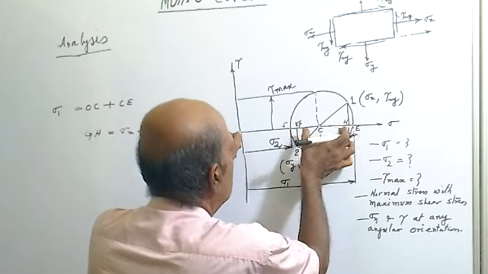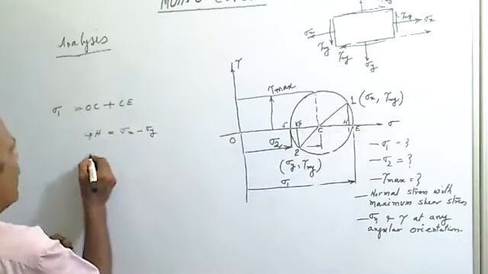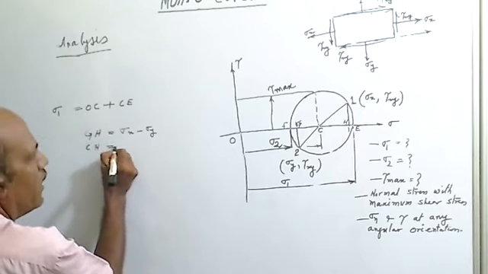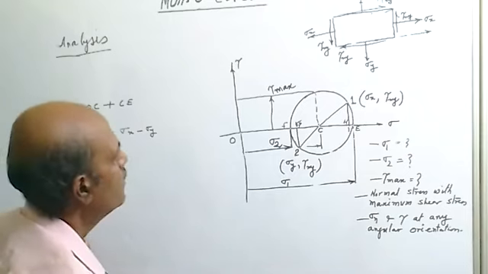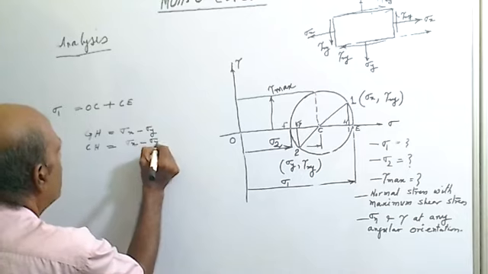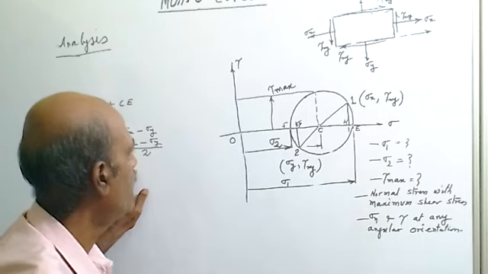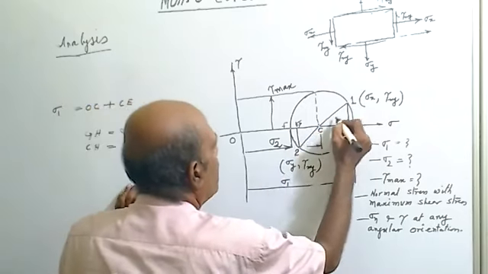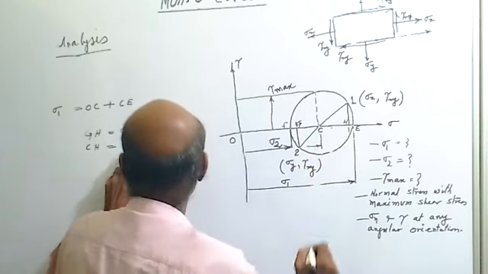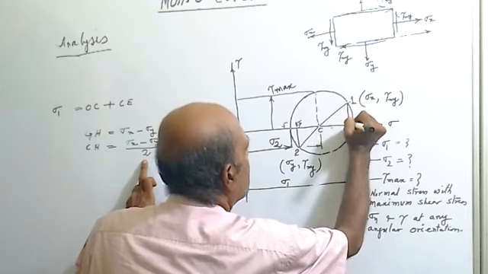So this value from G to H, now what is the CH value? CH is given by sigma x minus sigma y divided by 2, right? So in this right angle triangle, this side is CH, sigma x minus sigma y by 2, and this side is tau xy.